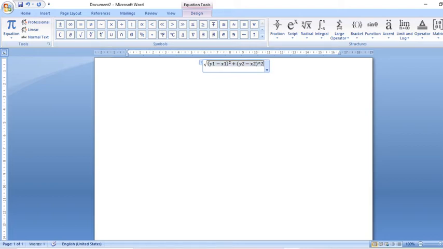If it is less than delta, what happens? This will automatically imply that mod of y2 minus x2, one of the components, will be less than delta.